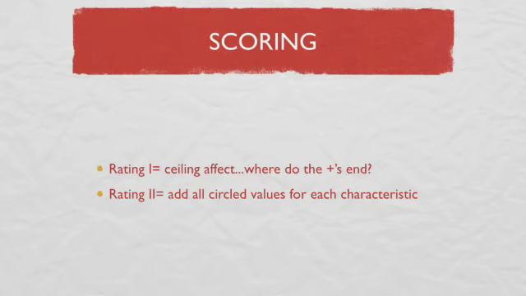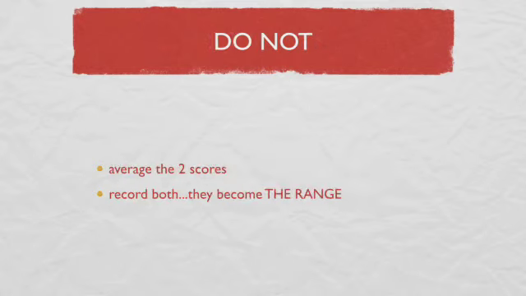In rating 2, we add all the values that we circled, simply add them up. Now, a misunderstanding about the range is that we average the scores: if you get a score of 5 for rating 1 and a score of 4 for rating 2, that your CVI range score is 4.5.